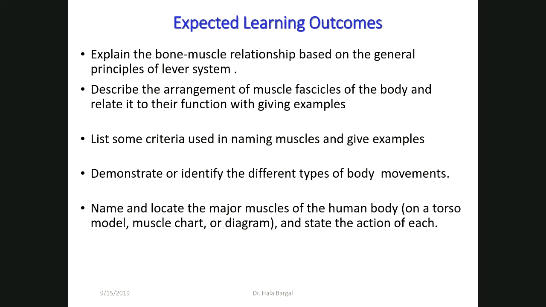List some criteria used in naming muscles and give examples. Demonstrate or identify the different types of body movement. Name and locate the major muscles of the human body on a torso model, muscle chart or a diagram, and state the action of each. Let us start.